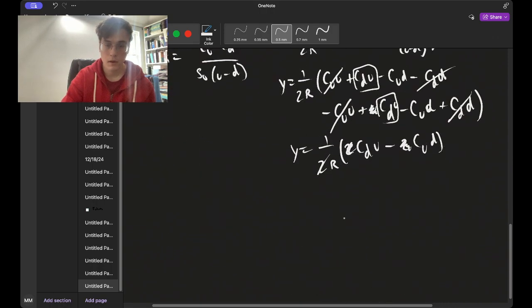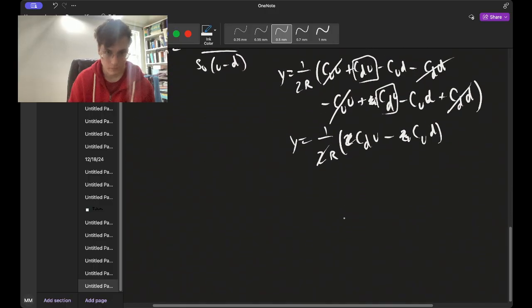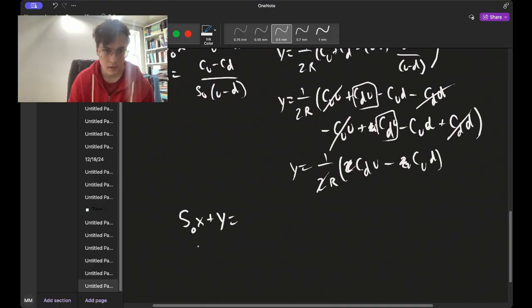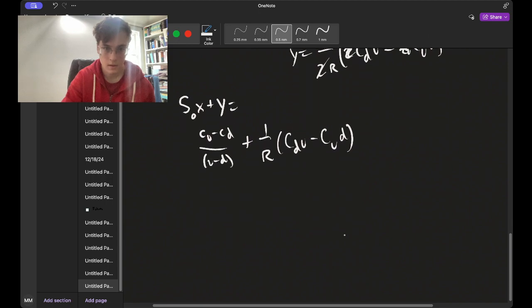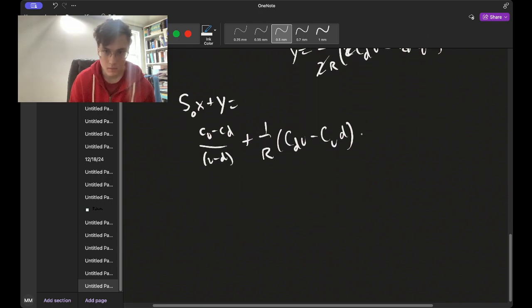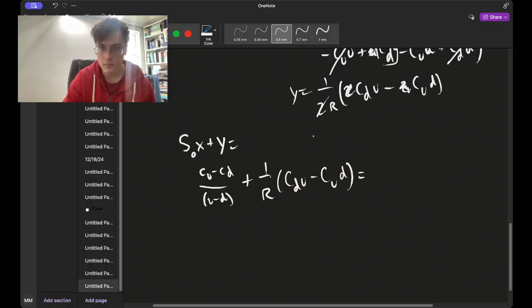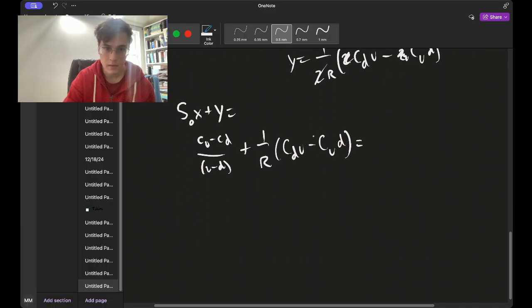So then what is the price for this replicating portfolio? It should be S0 X plus Y, okay? So let's take that, the S0 cancels out there, and we end up with CU minus CD divided by U minus D, okay? And then we add Y to this, so plus 1 over R times CD U minus CU D, okay? So then let's put it together now.